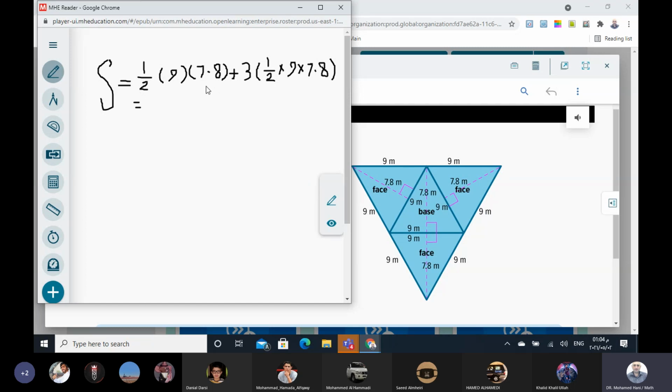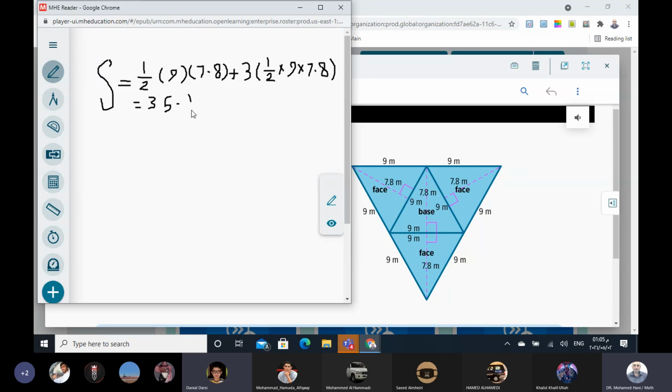Now start from here. We have 9 times 7.8, which will be 70.2. Then divide by 2, so 35.1.